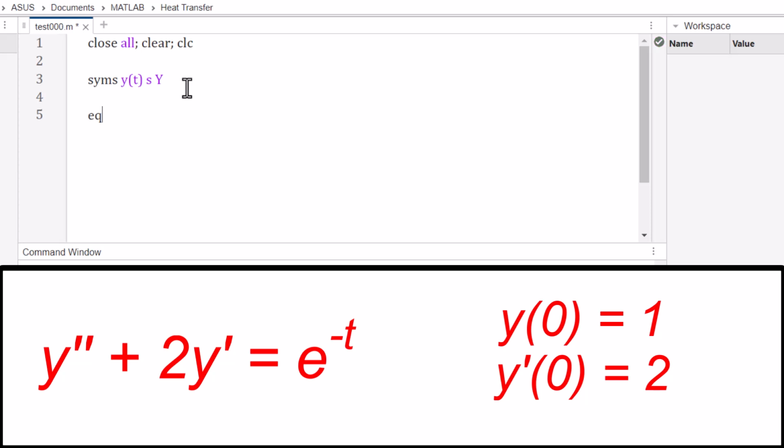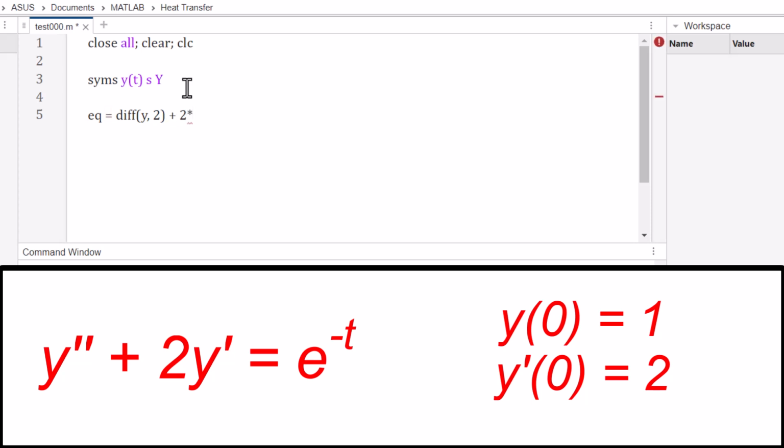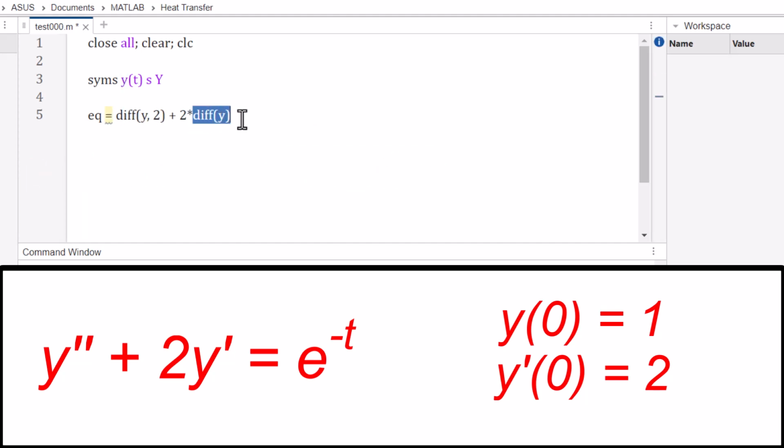I define my equation in the time domain. So it is y double prime, and it is stated like this in MATLAB, plus 2 times y prime. So this is y double prime and this is y prime.